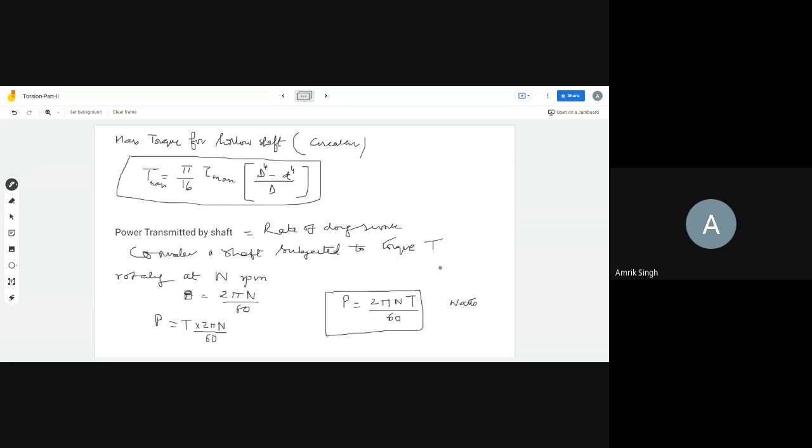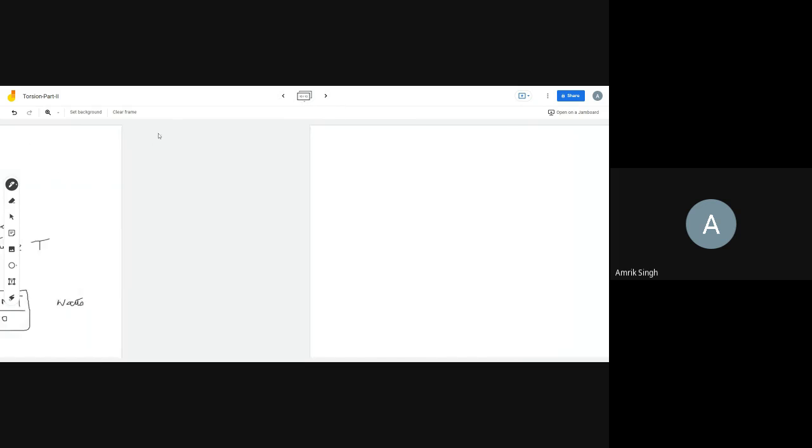Sometimes power is also given in horsepower. 1 horsepower, that is HP, is equal to 746 watts, so you can convert.